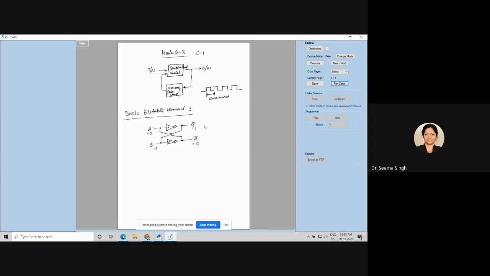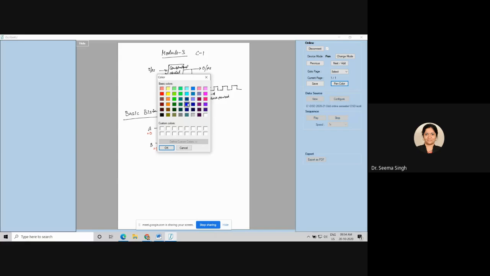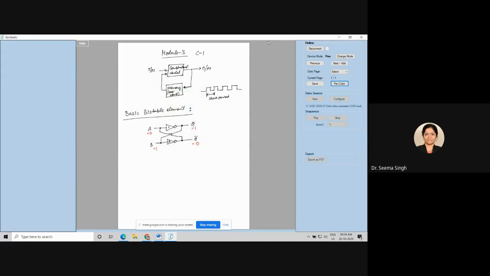When Q is equal to 1, it means we are storing a logic bit 1 in this. In the same way, if I want to store a logic bit 0 in this, what can be done? Quickly.